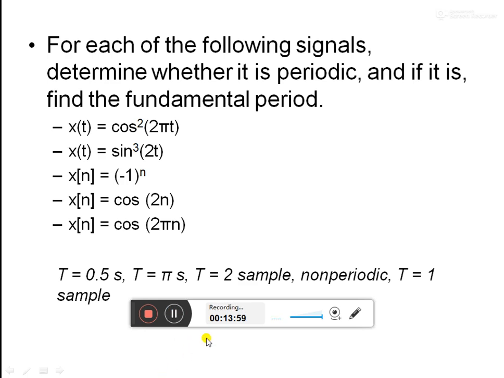So the first one has a time period of 0.5 seconds, the second one has a time period of pi seconds, the third one has a fundamental time period of 2 samples, the fourth one is non-periodic because we have cos 2n, where pi is missing, and the last signal has the number of samples equal to 1. We will discuss these problems in detail in the coming classes. So just make a note of it.